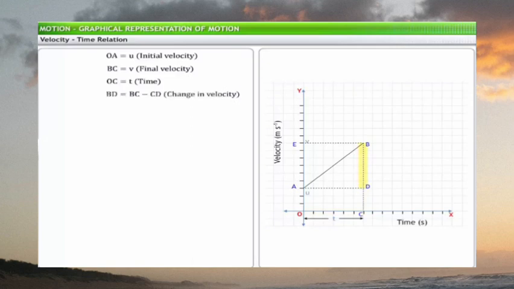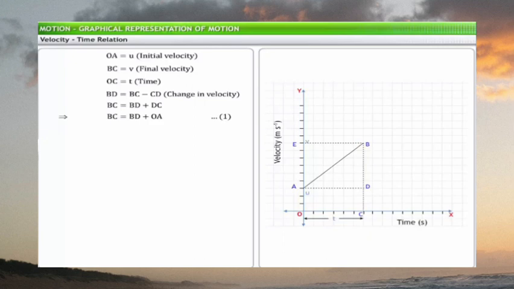And BD represents the change in velocity in time t. OADC being a rectangle, OC is equal to AD, and hence AD also represents the time t. BC is equal to BD plus DC, which is equal to BD plus OA.